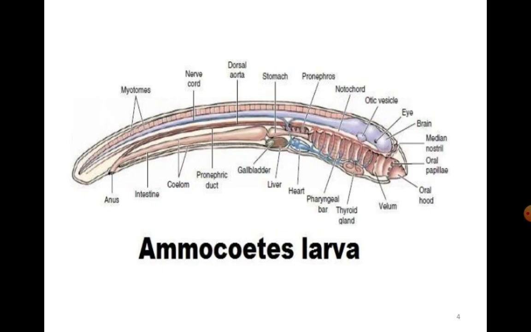How is food trapped in the pharynx? Because it has an endostyle which secretes mucus, and this mucus secreted by the endostyle of the pharynx traps all the food material that comes along with the water current.